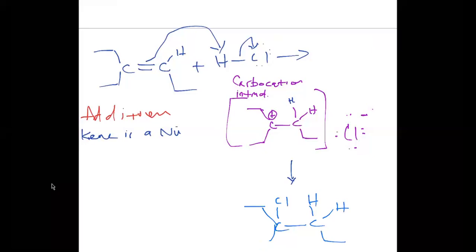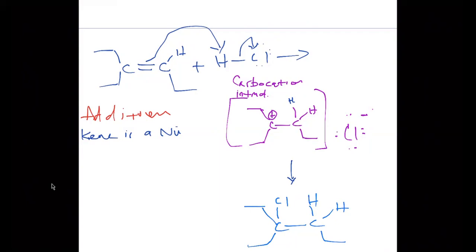How do I show that from the intermediate? So this is why we did all that arrow pushing before we got to these reactions, because that should be starting to be second nature now. Like, which one of those two is going to be the nucleophile? The chlorine or the carbocation? Chlorine. Right? So what do nucleophiles do?